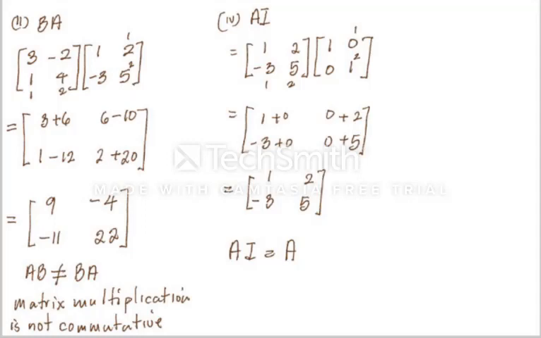When you multiply a number by 1, it remains the same. When you multiply a matrix by the identity matrix, you get back the matrix. So A times I is A.